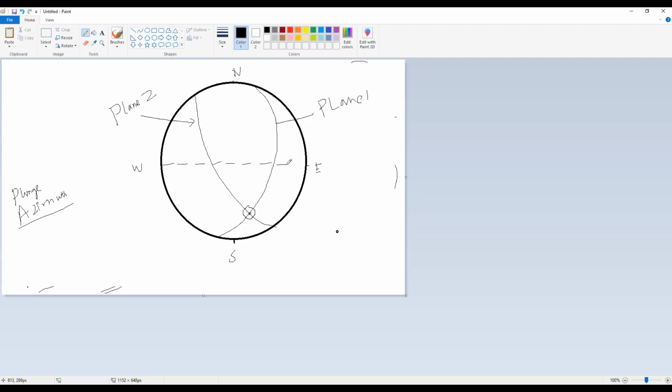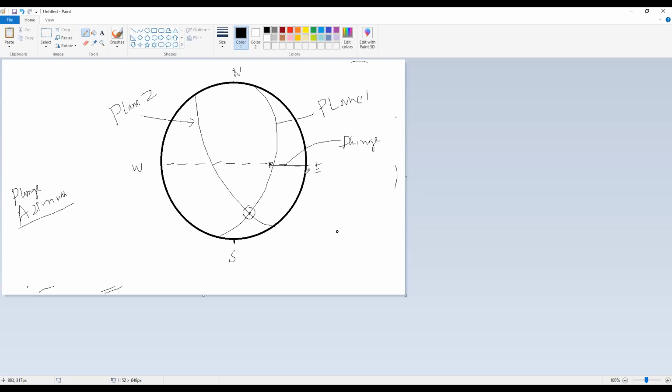So we will rotate the tracing paper so that this point will lie along the line of the equator. Where the point lies on the equator, that amount is the plunge.